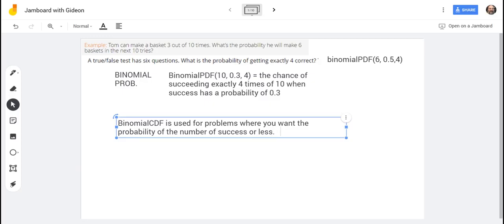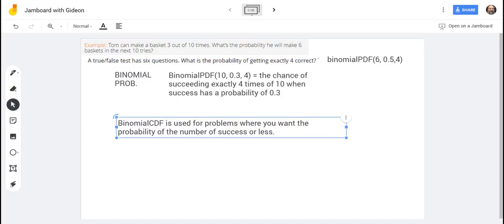What's the chance of getting up to 4 of these problems exactly correct? Oh, okay, up to 4, up to and including 4. That would mean binomial CDF 6, 0.5, 4. All you did is change the P to C. All you did is look up a slightly different formula on the calculator.